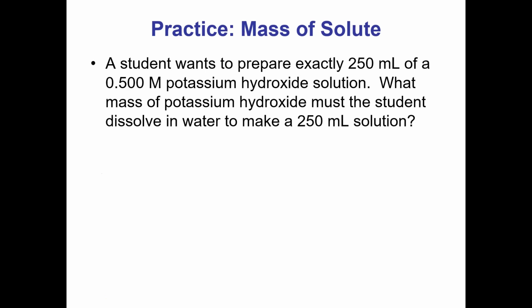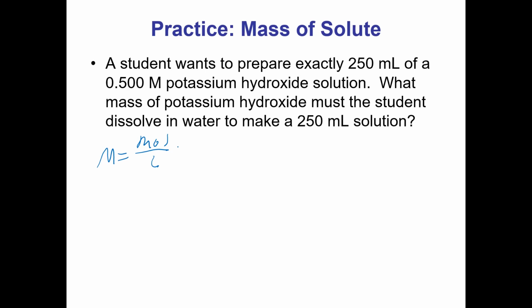So if we have that molarity is equal to moles per liter, we can't calculate grams from this, but we can calculate moles. And we know how to go from moles to grams, so if we calculate moles, then we can use that to get grams.